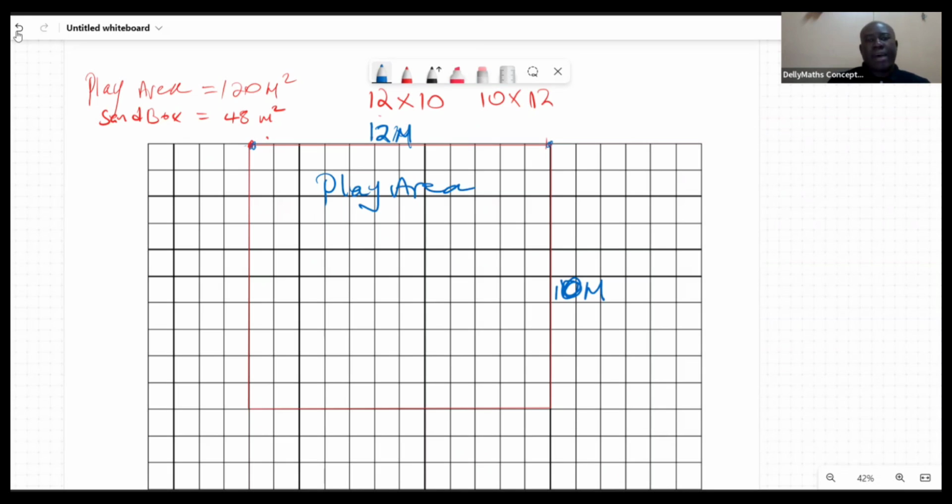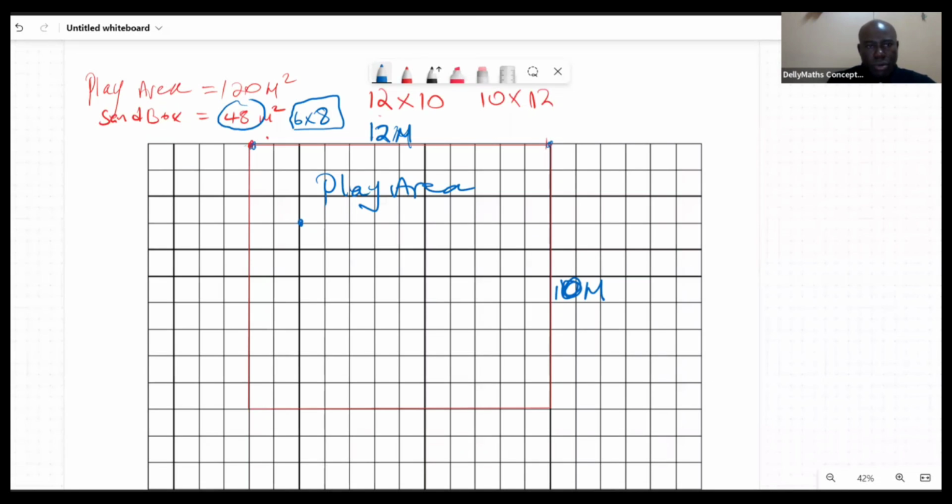I want to make sure that I have a section for the sandbox, and the sandbox is 48. I'm going to choose a 6 by 8 to give me that 48. So I'm going to pick off 6 by 8 anywhere within this. If I start here, I'm going to make sure I can get a 6 by 8. So let's pick off our 6 by 8.